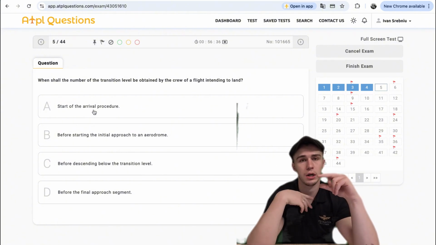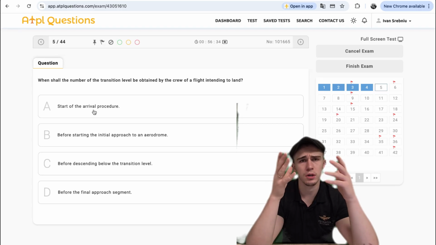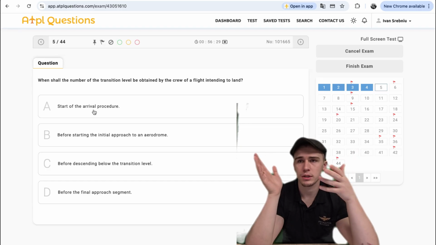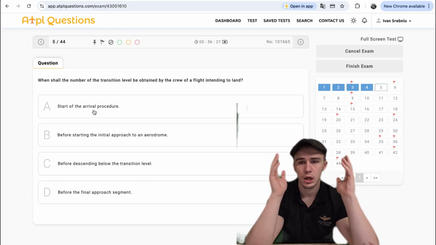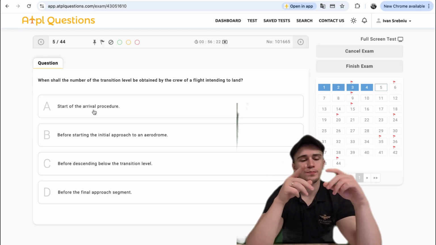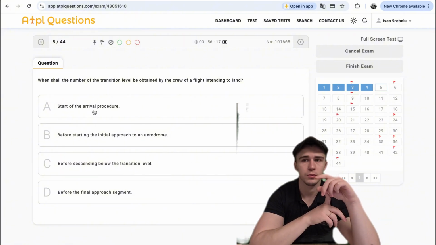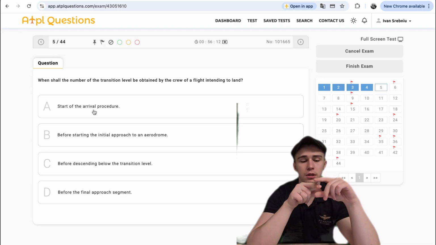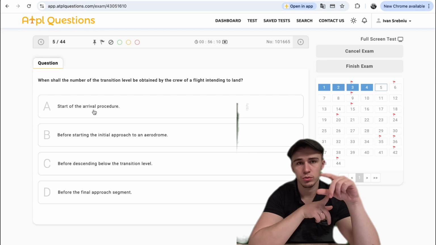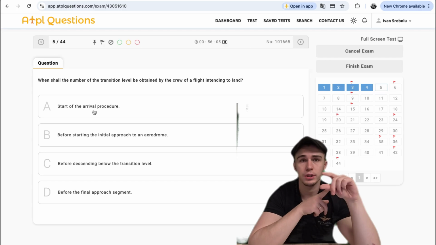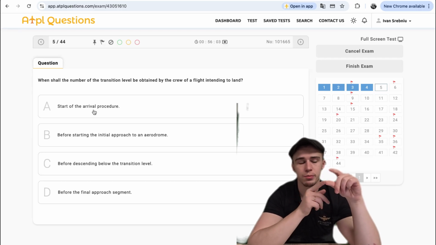It means every aerodrome has its own transition level due to the height of the aerodrome and due to obstacles near the aerodrome, mountains for example. Here is the QNH of the aerodrome, for example 1025. Here is the transition layer, and here we need to say our altitude in feet in Europe.